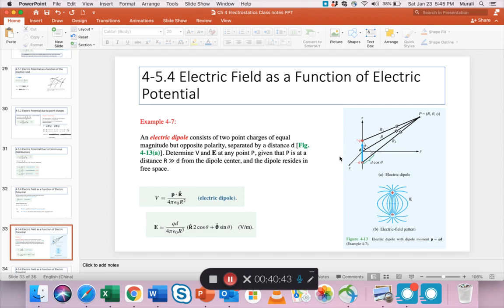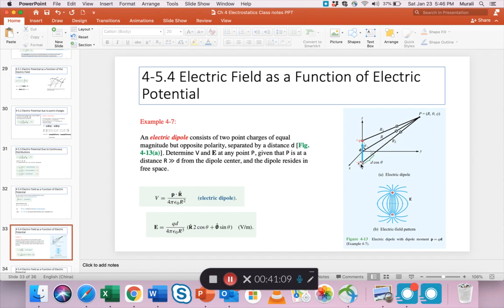A dipole, as we have seen in the past, is where two charges of equal magnitude are created in one object, and one is a positive charge and the other an equal negative charge. If they are located like this, with the center being the origin, and if you want to find the field intensity or the potential at a third point, then how do you go about it?